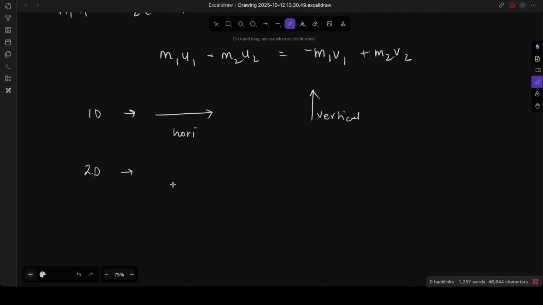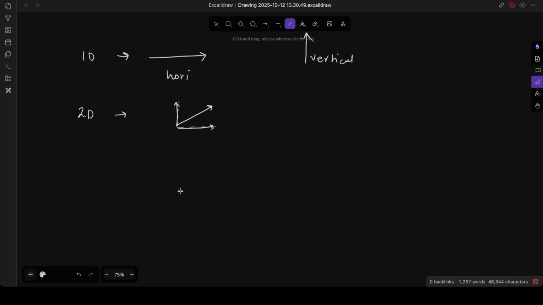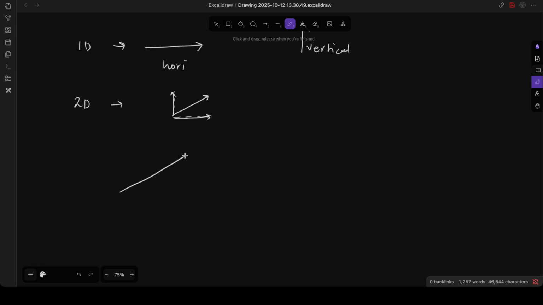When I say two-dimensional, that means your body can move in a direction which can be a combination of horizontal and vertical. That means here you need to refresh your idea about resolution of vectors. Let's quickly talk about resolution of vectors. Let's consider a velocity vector v which is making an angle theta with the horizontal.